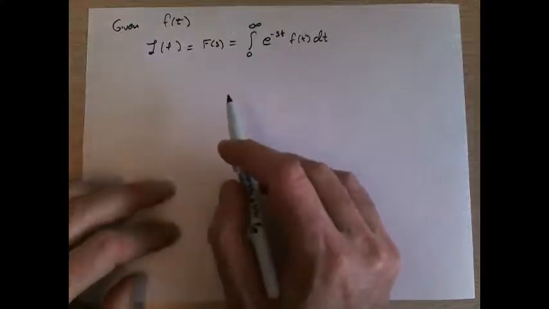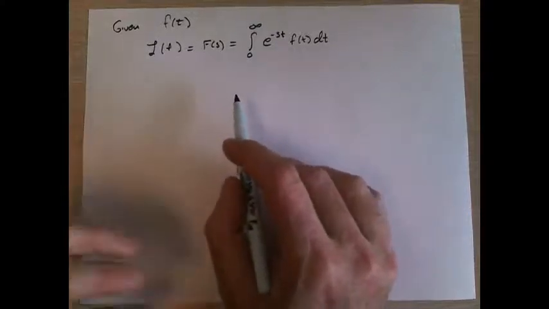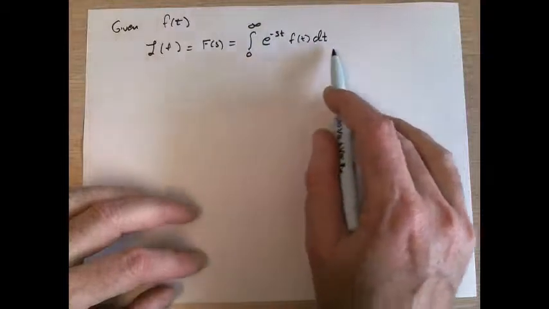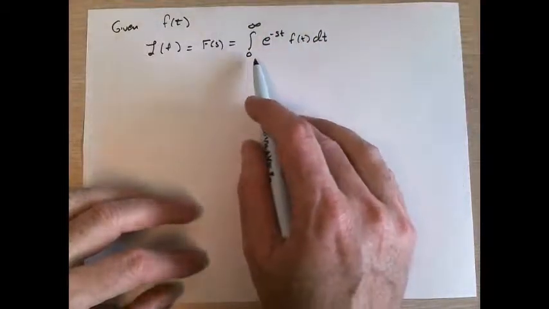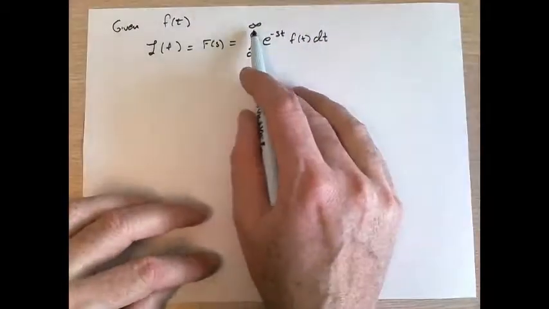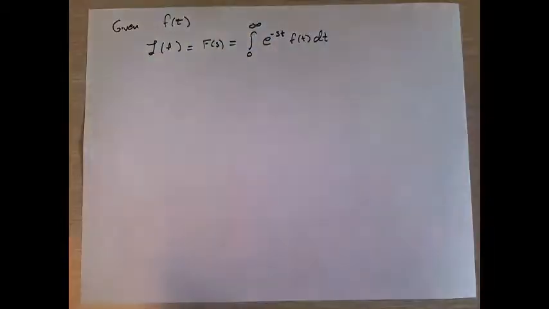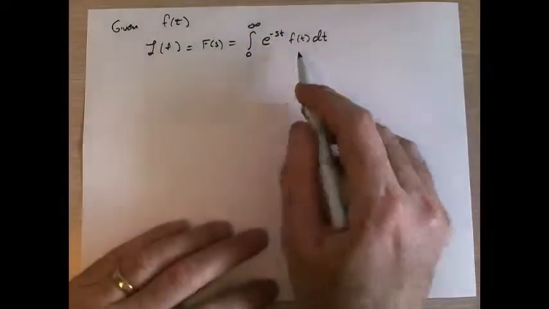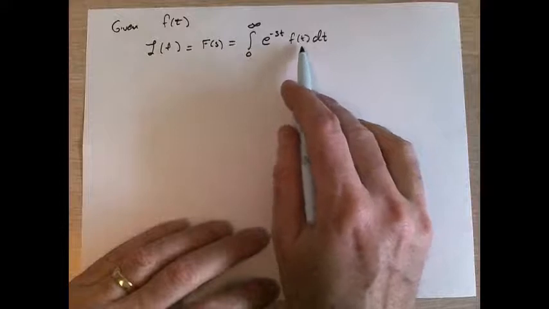Now, not every function has a Laplace transform. The thing is, this integral needs to be a finite value. Sometimes, as you integrate to infinity, things diverge. So there's a question of what functions can and can't be used here.